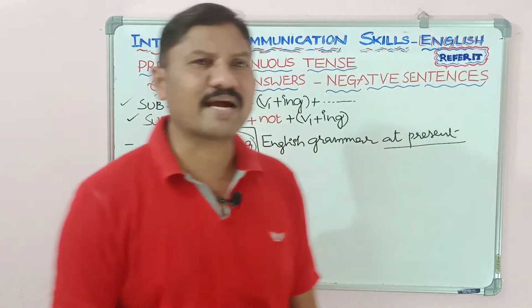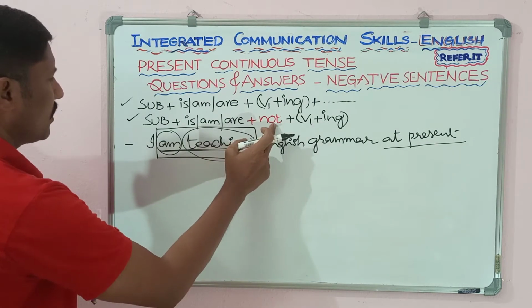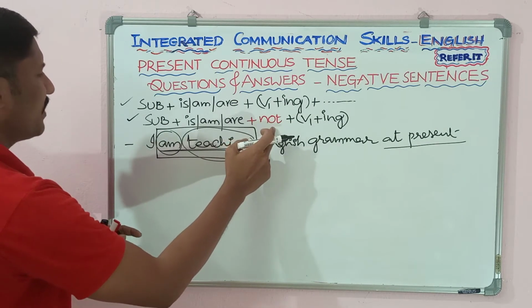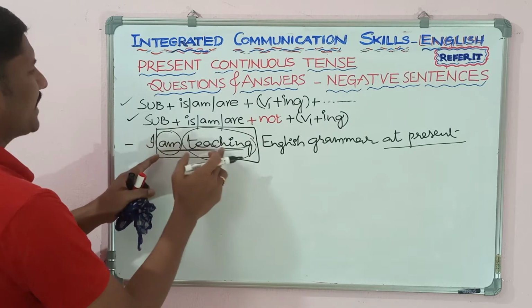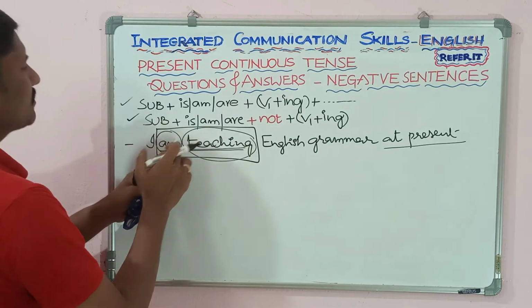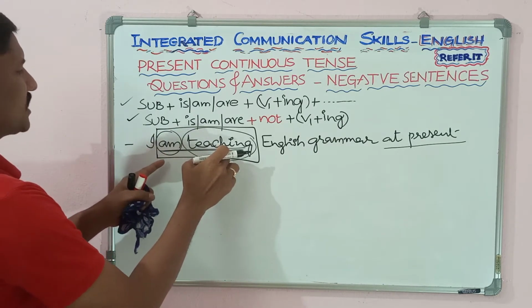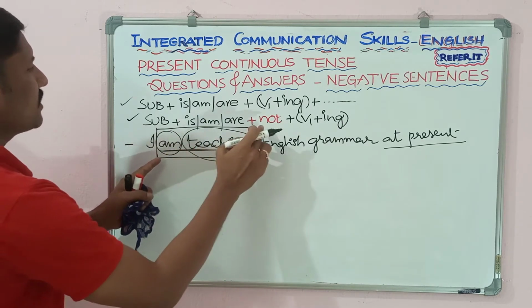So how can we frame a negative sentence for this? As I have told you, add not between am and teaching, I mean between the helping verb and this participle, teaching.